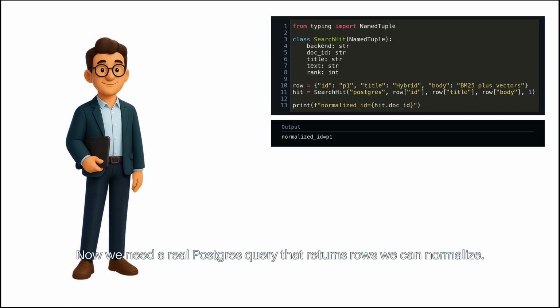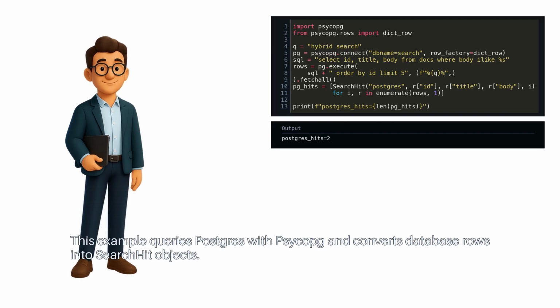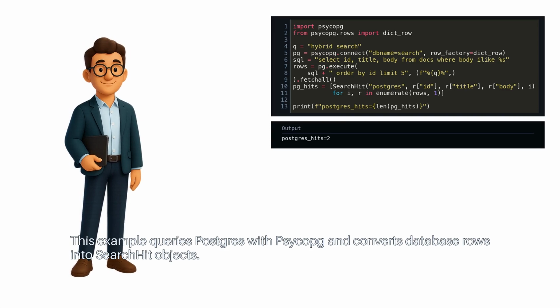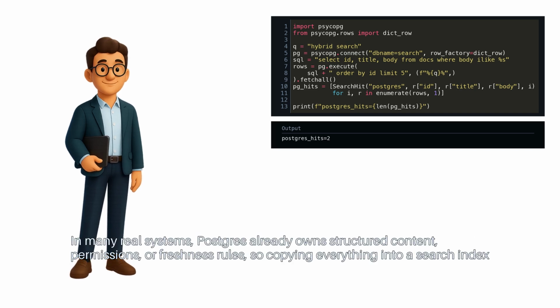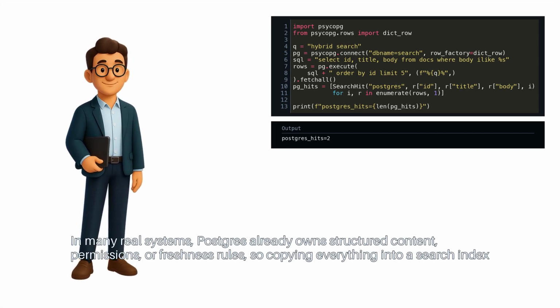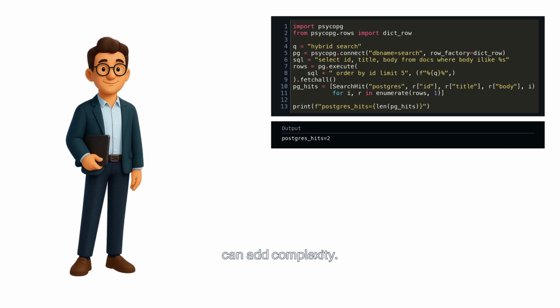Now we need a real Postgres query that returns rows we can normalize. This example queries Postgres with psycopg and converts database rows into SearchHit objects. In many real systems, Postgres already owns structured content, permissions, or freshness rules, so copying everything into a search index can add complexity.